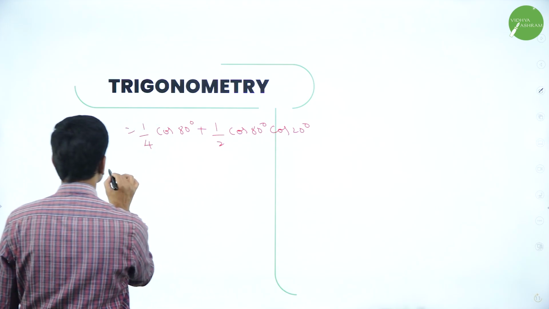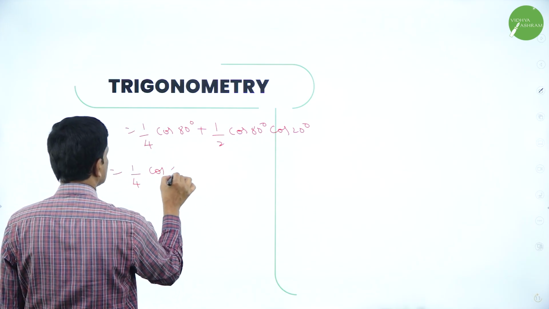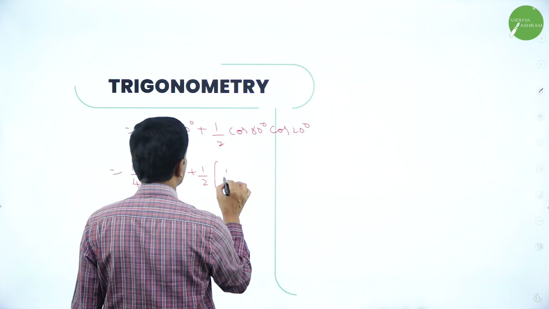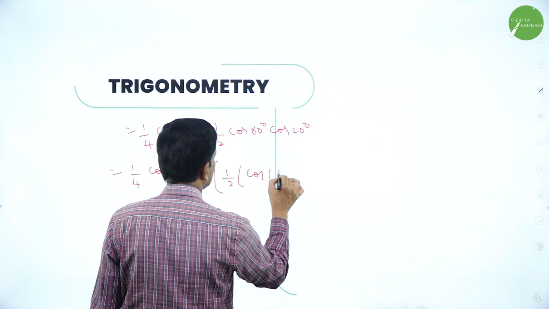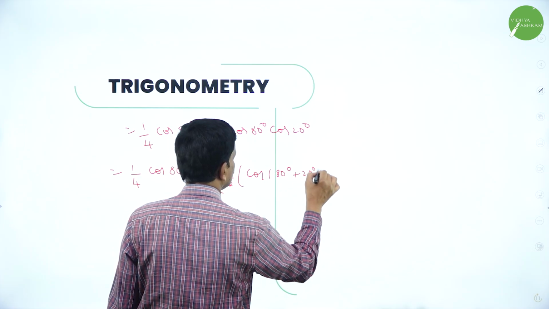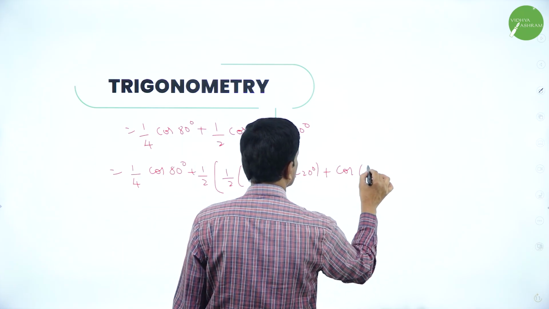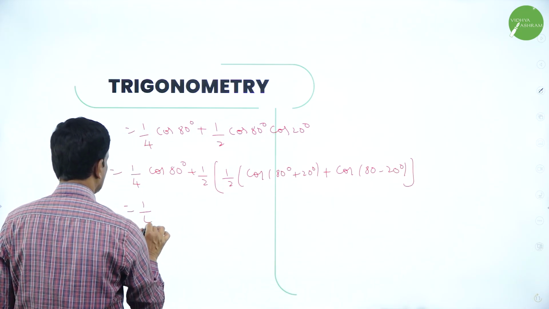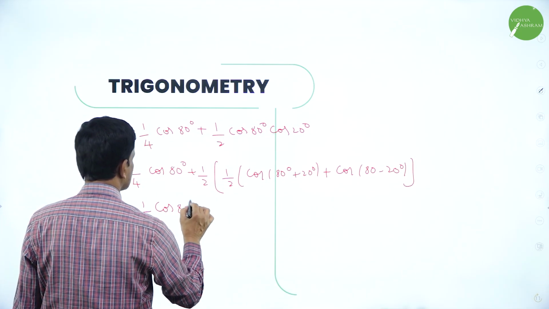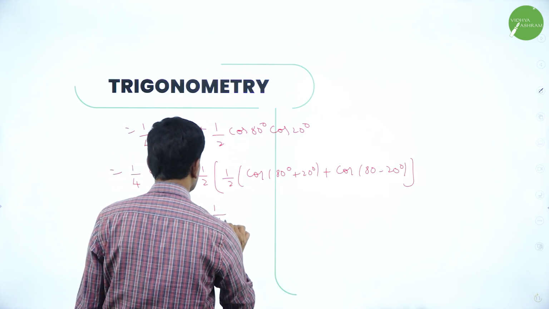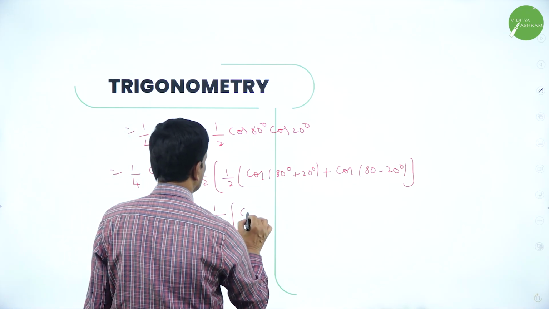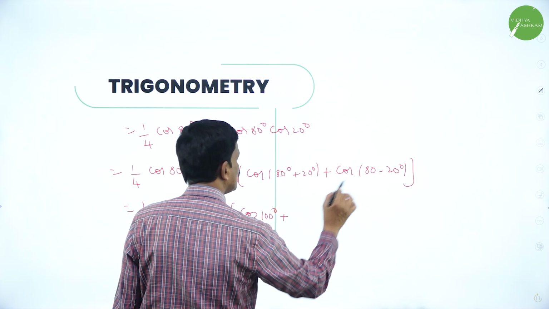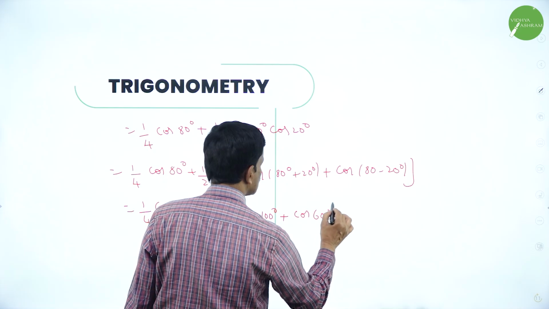Again use cos A cos B. This is 1 by 4 cos 80 degrees as it is plus half into, again cos A cos B is half of cos (A plus B), 80 plus 20, plus cos (A minus B), 80 minus 20. Now this is equal to 1 over 4 cos 80 as it is plus, multiplying, 1 over 4 into cos of 80 plus 20, which is 100 degrees, plus cos of 80 minus 20, which is 60 degrees.